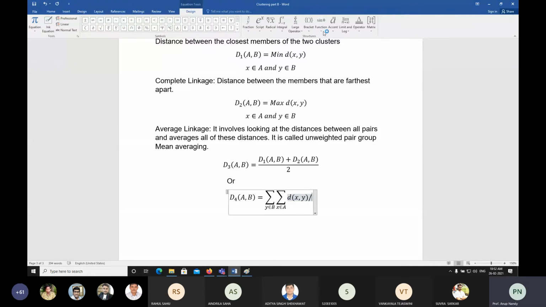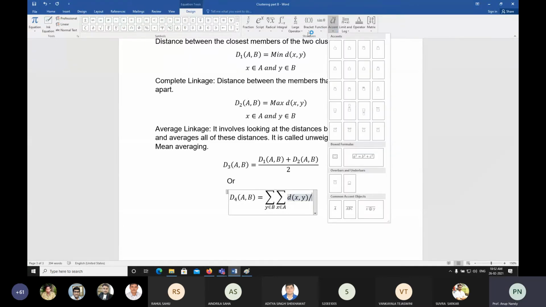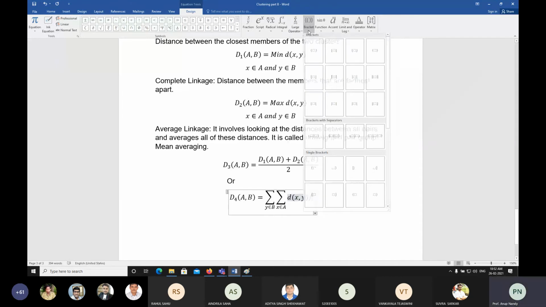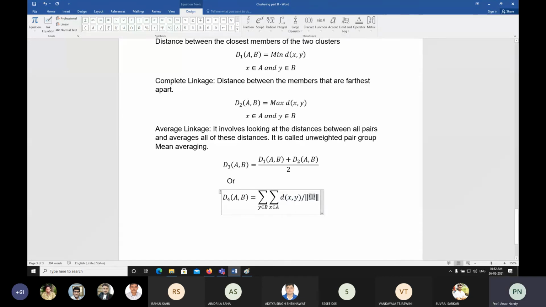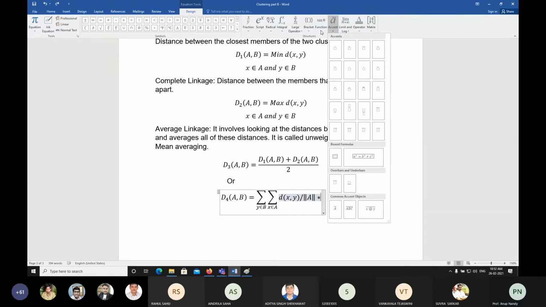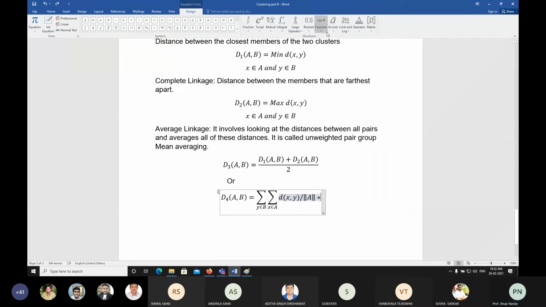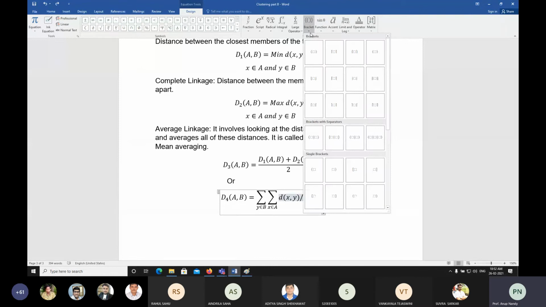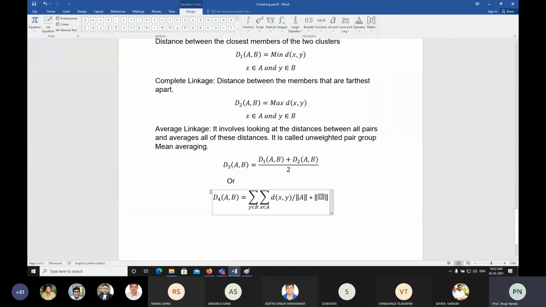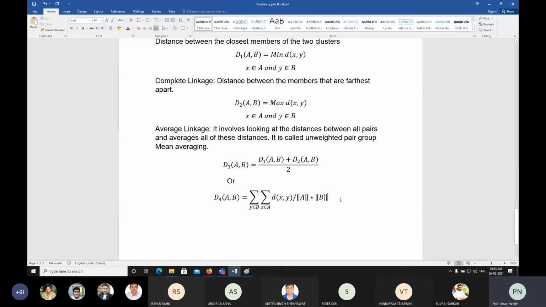So you can also write it in this way, and you can also compute based upon these things.